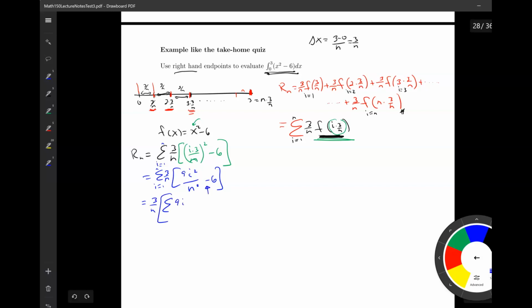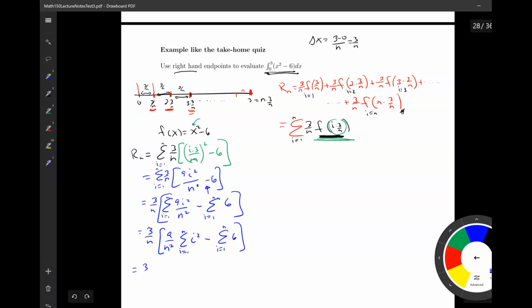So 9i squared over n squared minus 6, i equal 1 to n. All right, so let's even go further with the simplification. So 9 and n squared can come outside of this sum of i squared minus the sum from i equal 1 to n of 6. Okay, so this is where those nifty formulas come in.